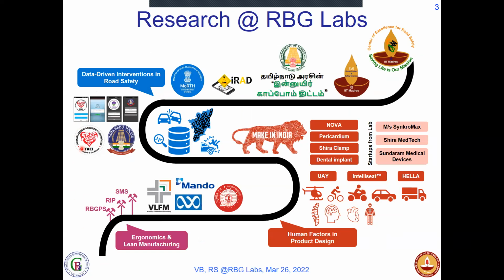So the idea is that emergency care is not evaluated at the end of a week or a month or a year. It should be on a daily basis. We collate the data on a daily basis.